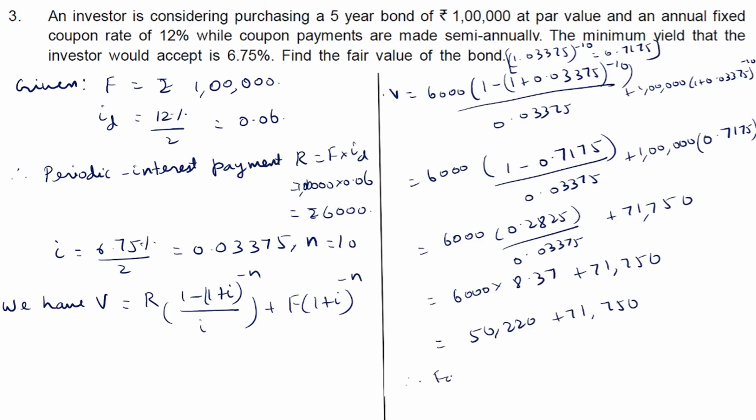Therefore, the fair value of the bond, when we add, we get 1,21,970. Fair value of bond is equal to rupees 1,21,970. So this is the fair value of the bond.